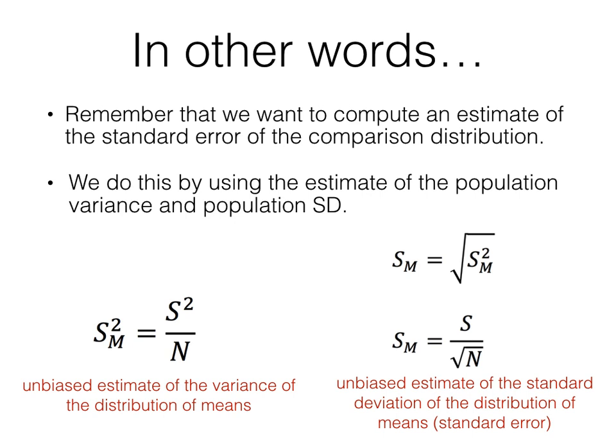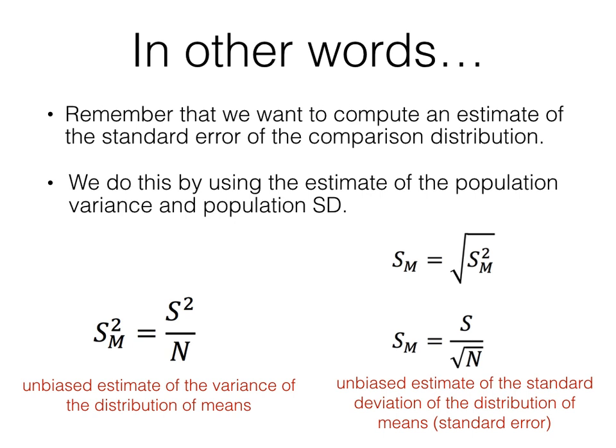So these two things that we have here are the variance for the distribution of means and the standard deviation for the distribution of the means. The one on the left is the variance, the one on the right is the standard deviation, or the standard error. And you can see that in both cases, we're going to have to use estimates of the population variance and the population standard deviation in order to figure out what the standard error is of this comparison distribution. So that means that we're not going to use the population standard deviation number given to us, obviously.